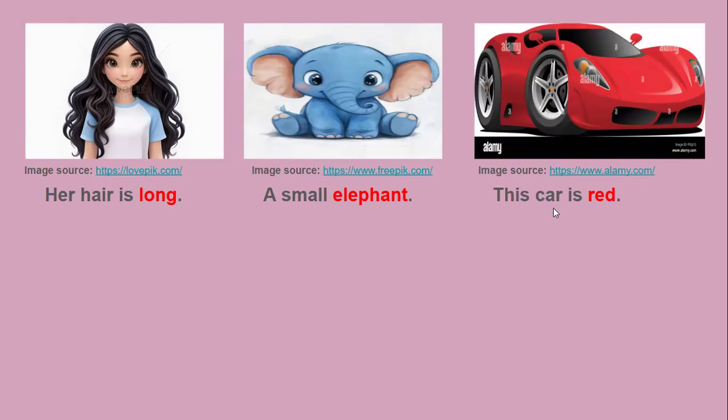This car is red. So red is an adjective. Colors can also be adjectives because they tell us how something looks as well.